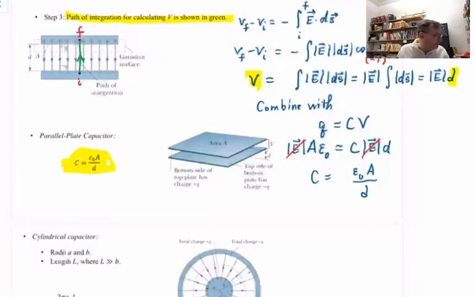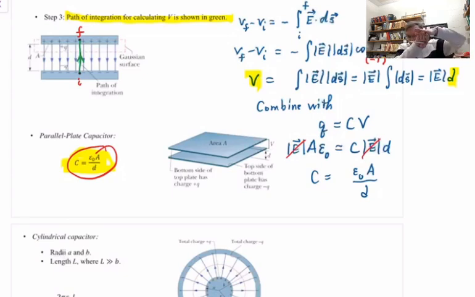Note also one key property of capacitance that follows right from this formula. The closer I put the plates, that makes D smaller, right? But D's downstairs. That makes C larger. So the closer the plates, the larger the capacitance. Now there are some dangers in putting the plates too close that we'll learn about later. But in general, the closer the two conducting plates, the larger the capacitance of the capacitor.